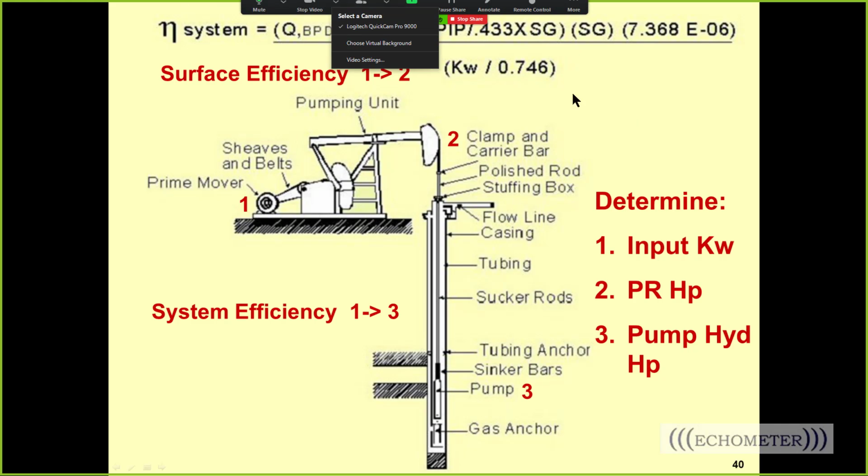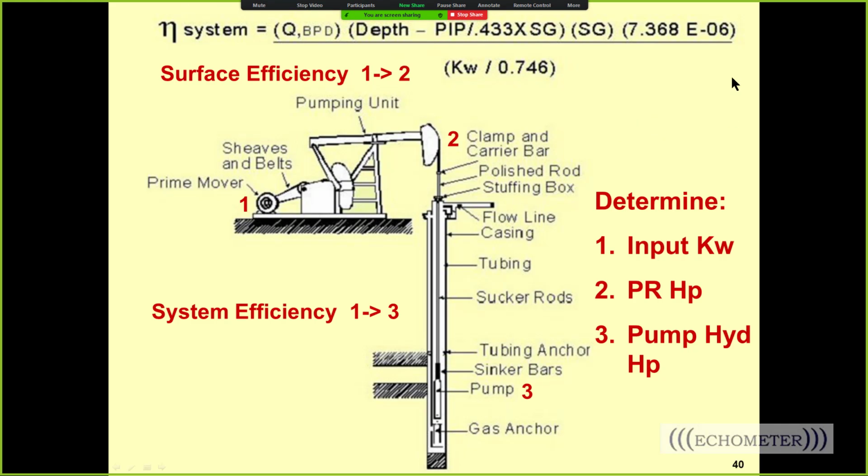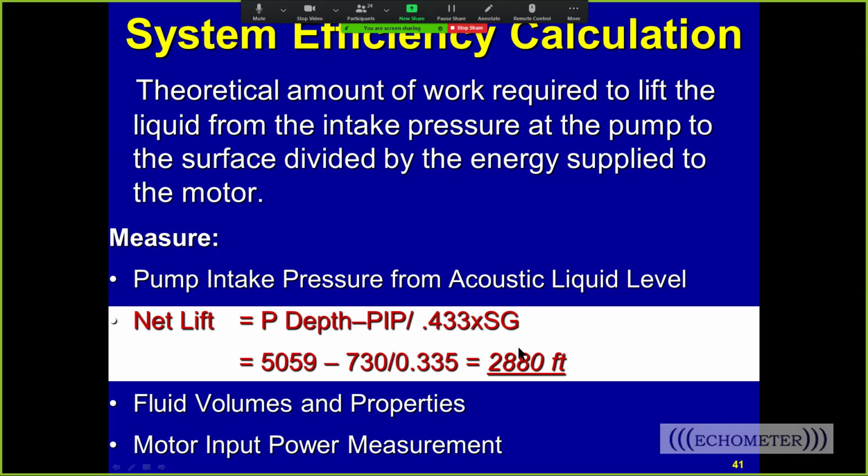And so if you're interested more in this, this is a method that TAM and TWM are supposed to use when we calculate the system efficiency in the software. So look, if you take the pump intake pressure divided by the tubing gradient, then the net lift is 2,880 feet, not 94 feet, because the pumping system has to lift the fluid from the pump intake pressure to the surface, not from the liquid level top to the surface.